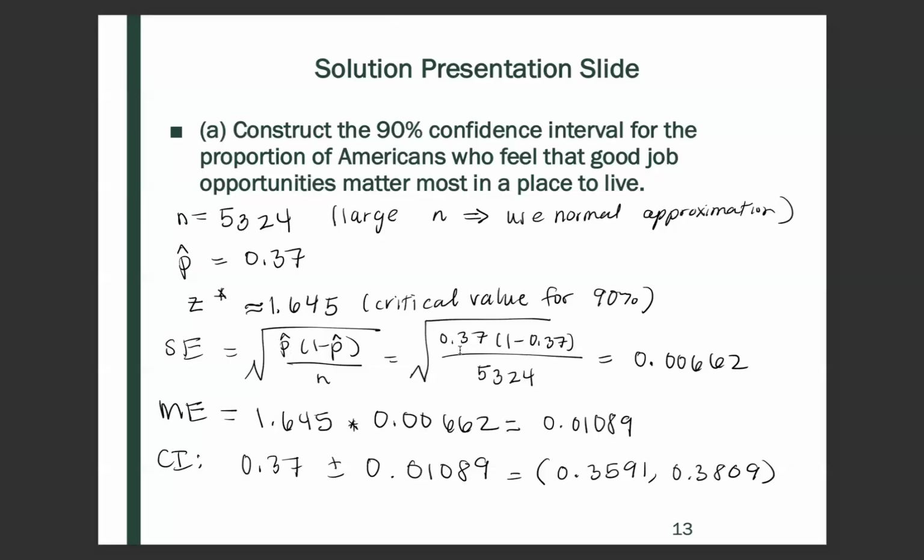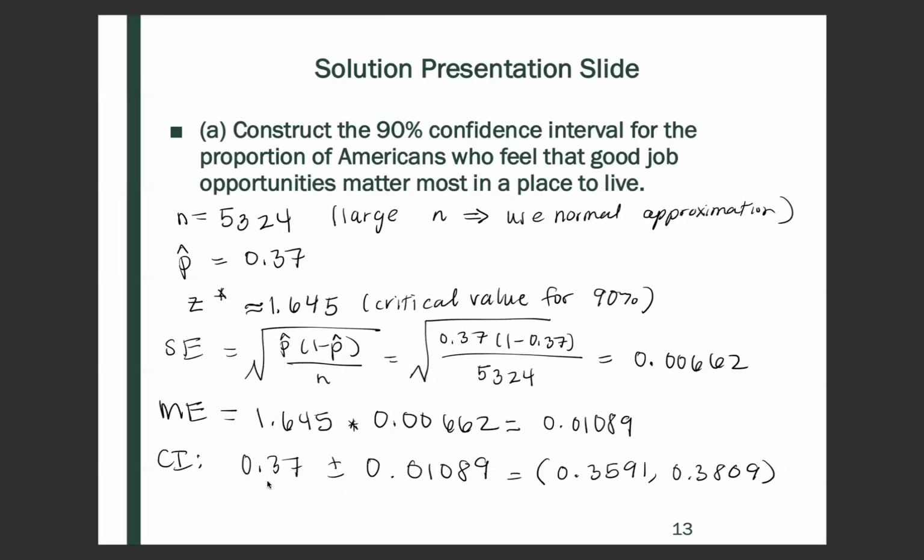And so our p hat, like we said, is 0.37. So we can plug that in here and then divide it by the sample size, which is 5,324. So once you take the square root, you get 0.00662. And that gives us our standard error that we multiply by the critical value to get the margin of error.